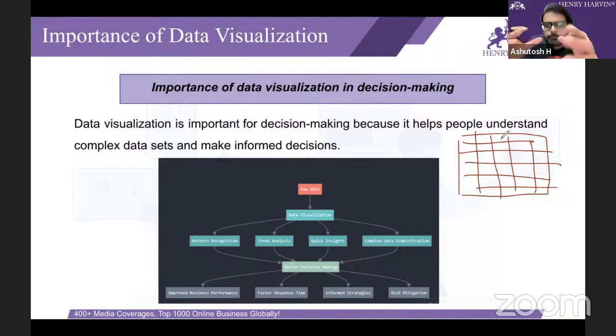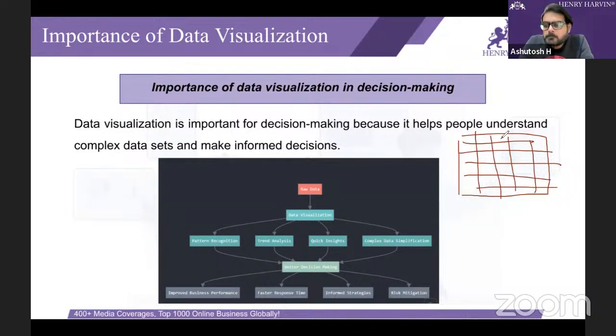So we have to work on something to which, if we throw this data, it should give us whatever insights we ask for. Data visualization, friends, is quite important for decision making. Why is it important?